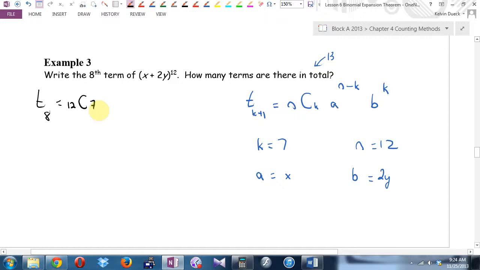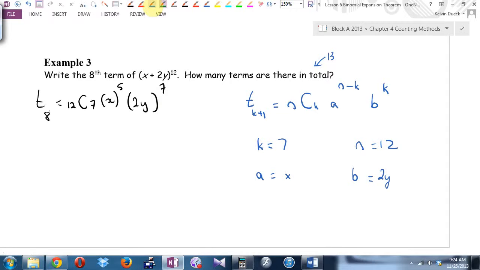X to the 5, n minus k. Don't overcomplicate it, but just be very careful. Follow the instructions literally step by step. What to the what? 2y to the 7th.